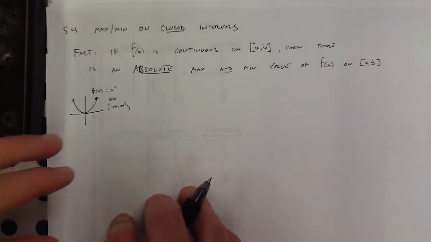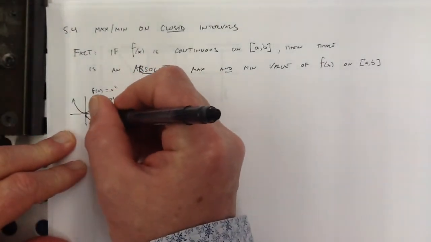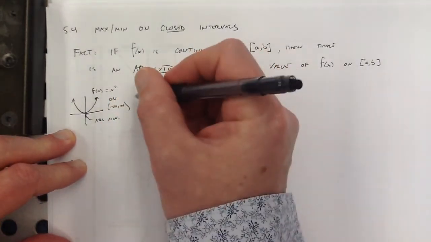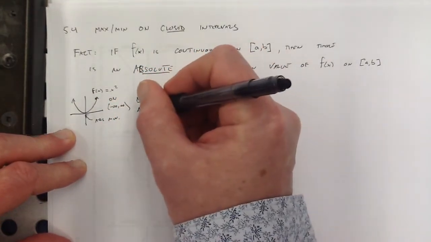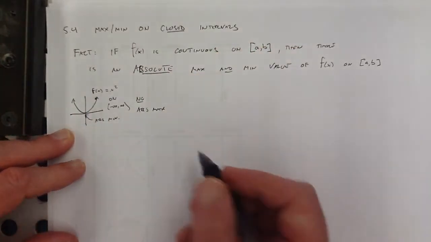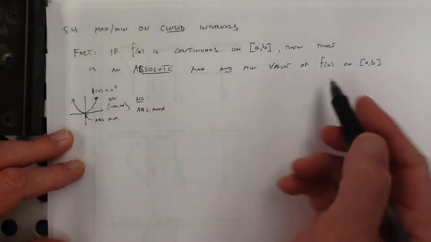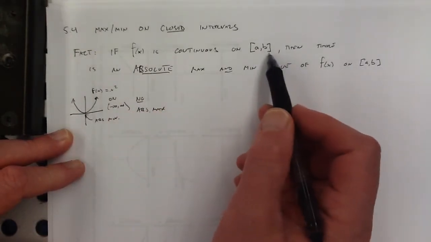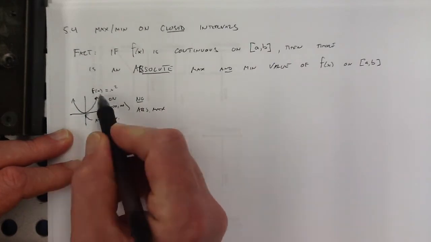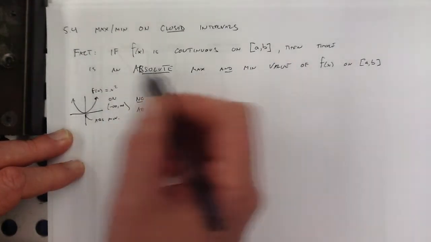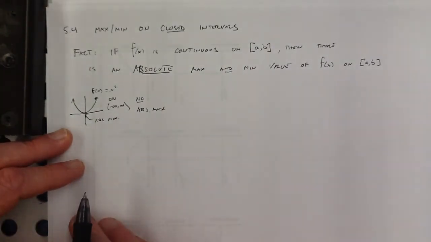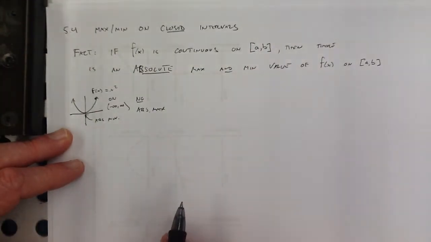Then there's an absolute minimum, sure, but there's no absolute maximum because it just keeps going up forever in those directions. So I think that helps us understand what's up with this closed interval thing. If you cut it off, then it is going to dead end into those, and it forces there to be an absolute maximum and minimum. But it does have to be continuous all the way from a to b.